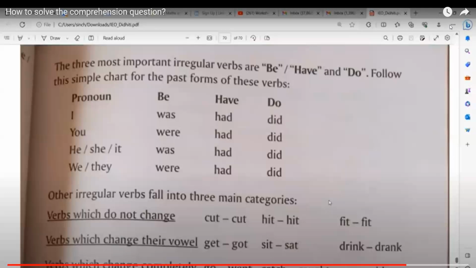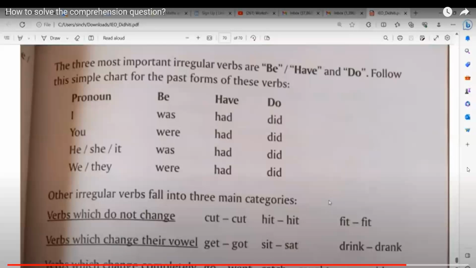And irregular verbs, which change their vowel, are called irregular verbs. Examples are eat, ate, swim, swam, sit, sat. Very good. Excellent, Abhishekta.